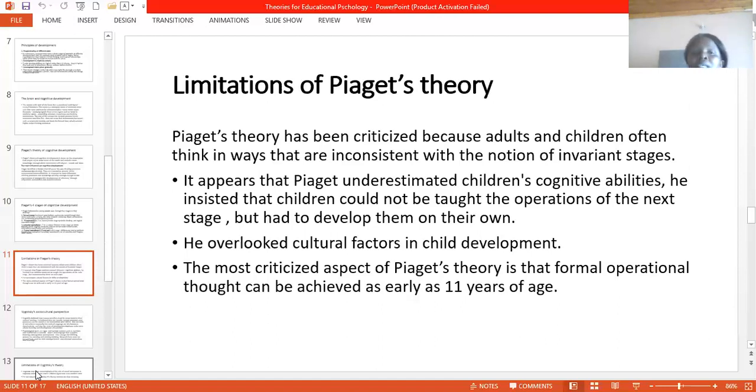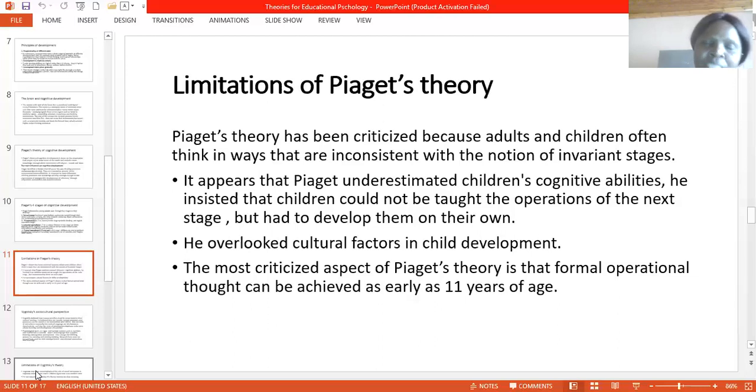It appears that Piaget underestimated children's cognitive abilities. He insisted that children could not be taught the operations of the next stage, but had to develop them on their own.